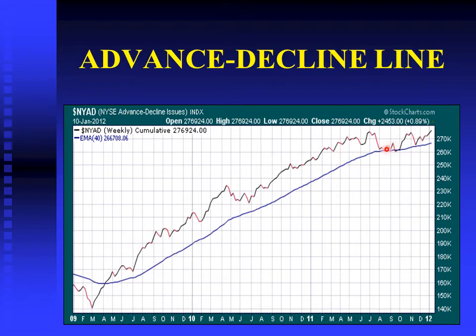It started the correction in mid-2011, and then notice how the advanced decline line started moving up. So that tells you that there are more stocks advancing than declining, so there is always an opportunity to make money when the advanced decline line rises.